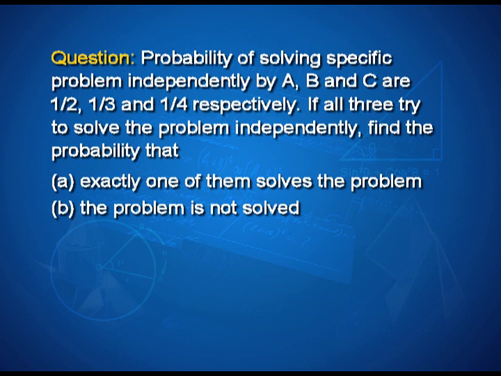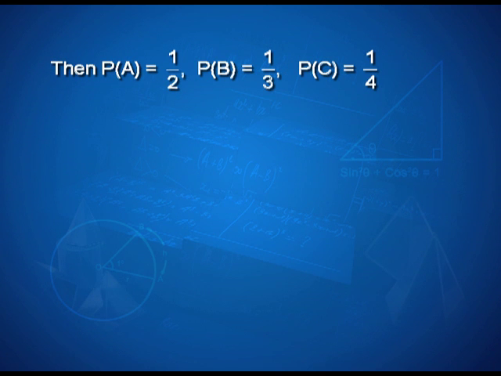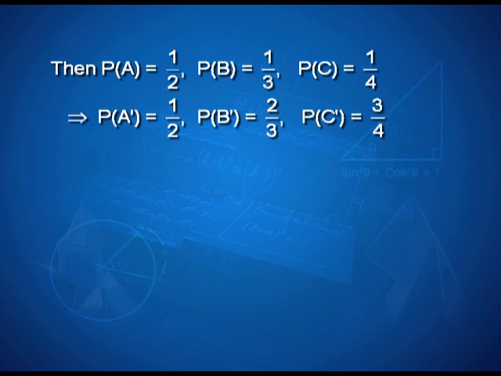So, again if you define A, B and C to be A solves, B solves the problem and C solves the problem, then we know what P of A, P of B and P of C is. Correspondingly, you can find the probability of A not solving the problem, 1 minus probability of A. Similarly, for probability of not B and probability of not C.